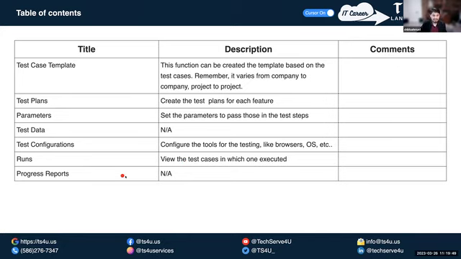And finally, progress report. Based on all of this, based on the run, it will show you pass or fail. If it fails, then it will show you. And this report you can use for this specific feature, for this specific user story, for this specific anything, for the test report, for the regression, for the functional.